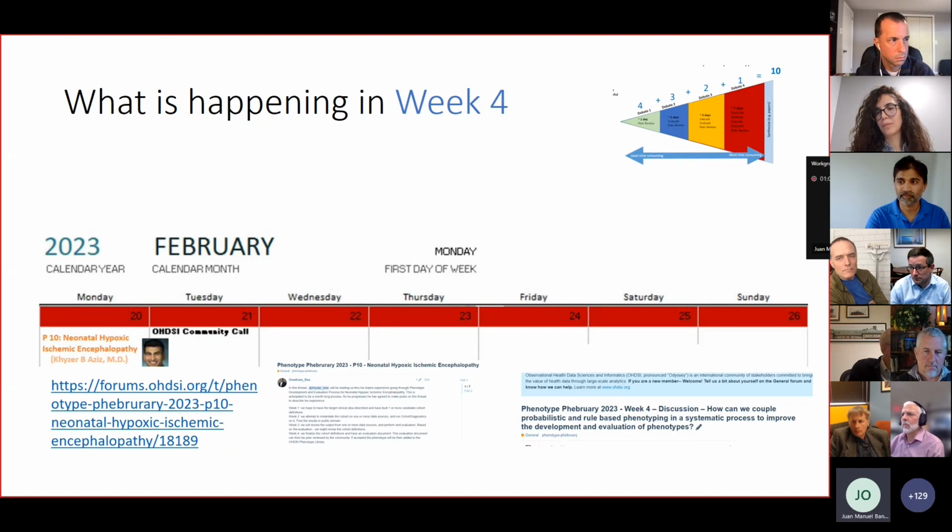So that's kind of what we looked at last year, and I would be very excited if other people decide to look at the same things. So from the phenotypes that we've done this year, why not try to build a probabilistic model, or use the already defined Atlas cohort, and see what other features we could use to improve the rule-based definition, right?